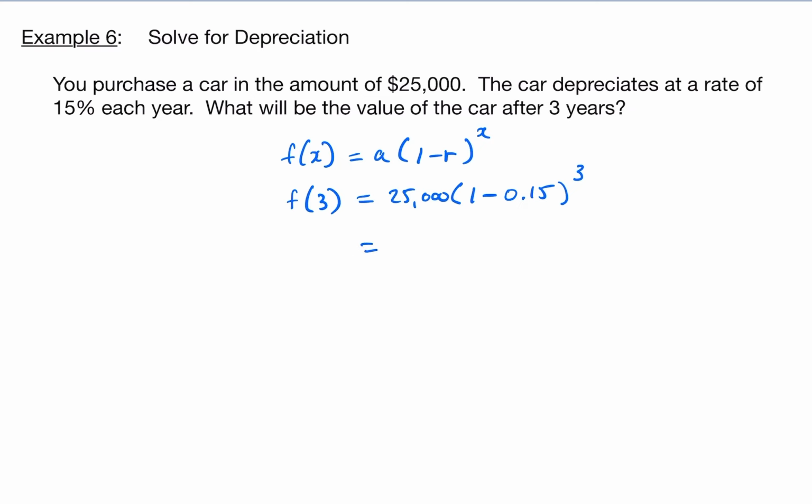Now if you go ahead and punch that into the calculator, that will come out to $15,353.13. So that would be the value of a car depreciating 15% each year after 3 years.